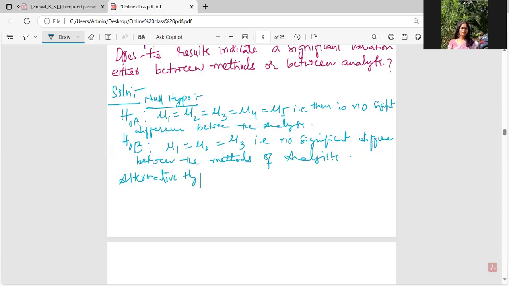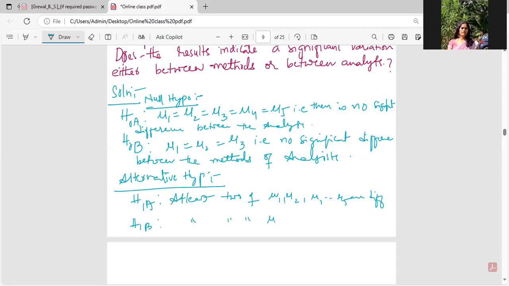The alternative hypotheses would be H1A and H1B. I'll write that at least two of mu1, mu2, mu3 up to mu5 are different for H1A. H1B would be at least two of mu1, mu2, mu3 are different.